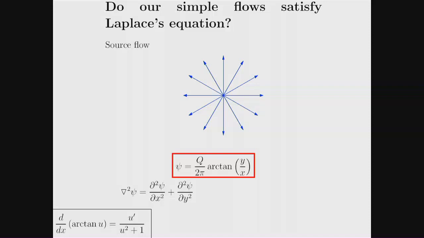You need to remember that in the tutorials and exams and assignment, okay? You can see that the Laplacian of psi for a source is also equal to 0. So it again satisfies our equation of motion, continuity and momentum.